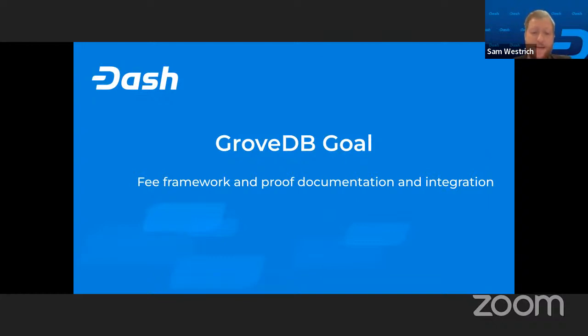So we decided that we needed to handle this in GroveDB to be able to better assess costs back to Drive. The task actually extended in scope just because it was easier to do it that way, and instead created a fee framework in GroveDB for all GroveDB costs to be passed back to RS Drive.